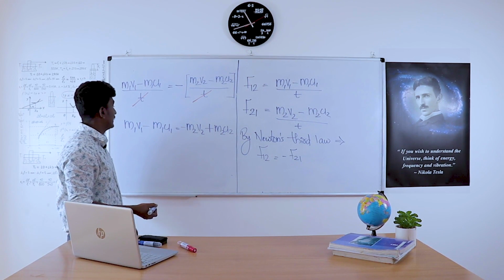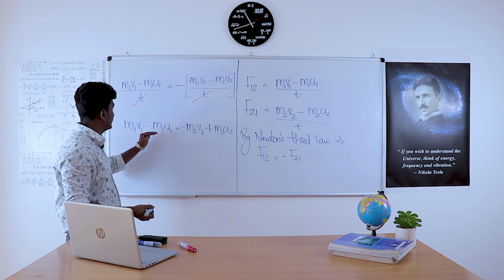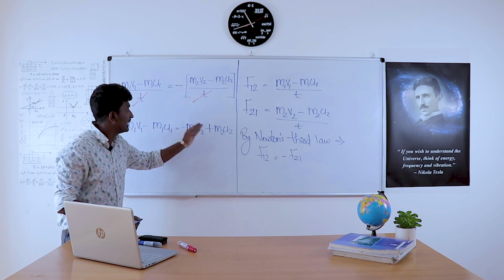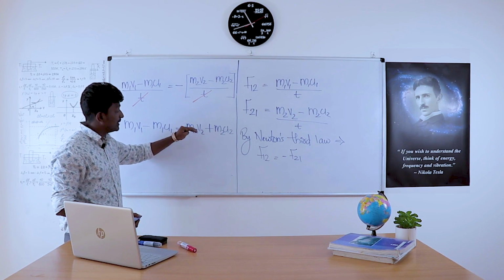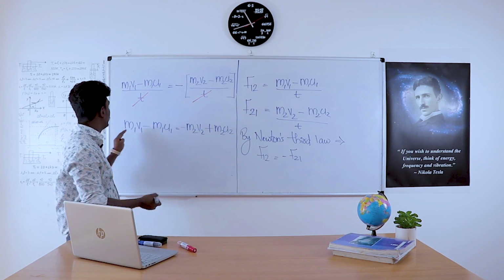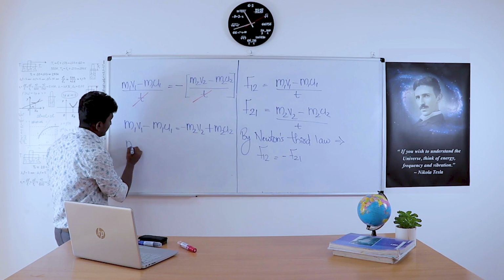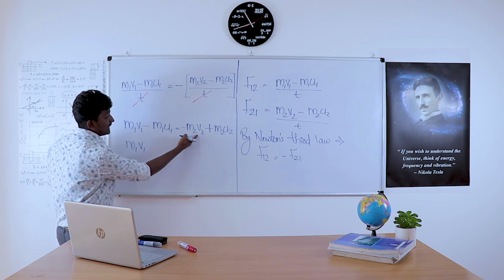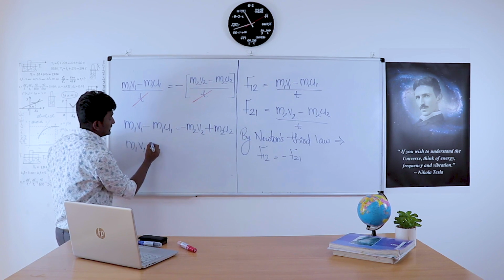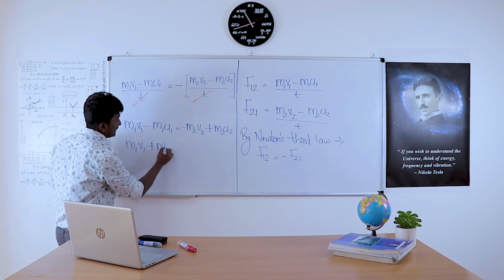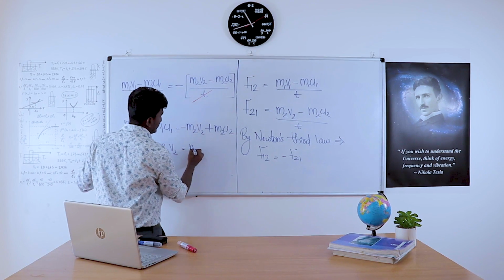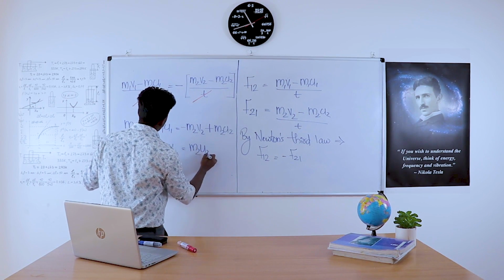Now, I am just shifting this minus m1 u1 to the right hand side and shifting this minus m2 v2 to the left hand side. Then we can write m1 v1, which is already here. This minus m2 v2 comes to the left hand side and becomes plus m2 v2 is equal to, in the right hand side there is already m2 u2.